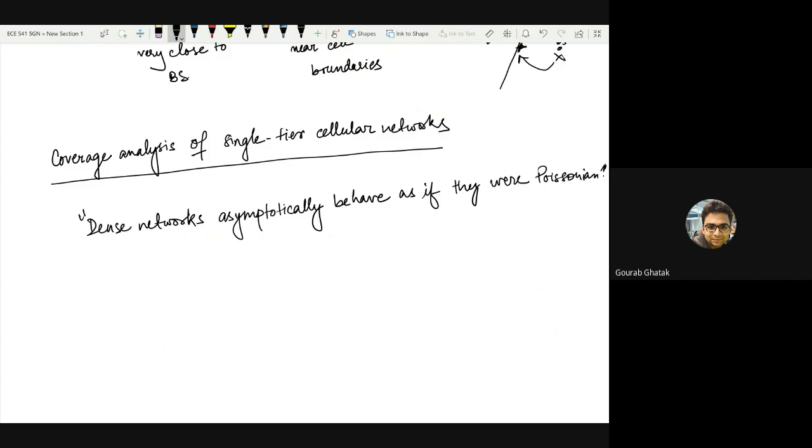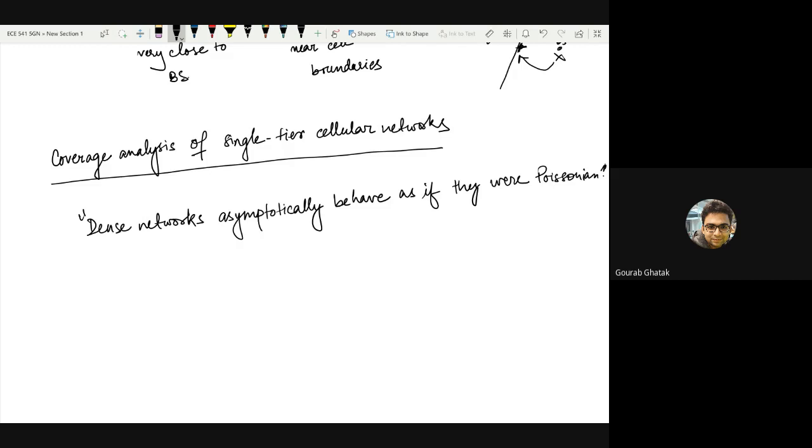Okay, this is the title of the paper, which says that we are using this Poisson point process because it has these elegant mathematical expressions, and it allows us to draw some conclusions and inferences from this type of modeling. But that is not the only point behind it. One of the other major points is that if we are dealing with very dense cellular networks, what does it mean by dense? It means a lot of base stations deployed within a certain area, right?